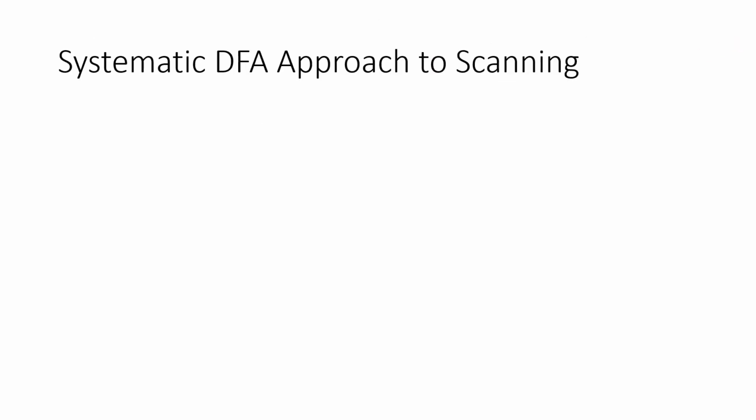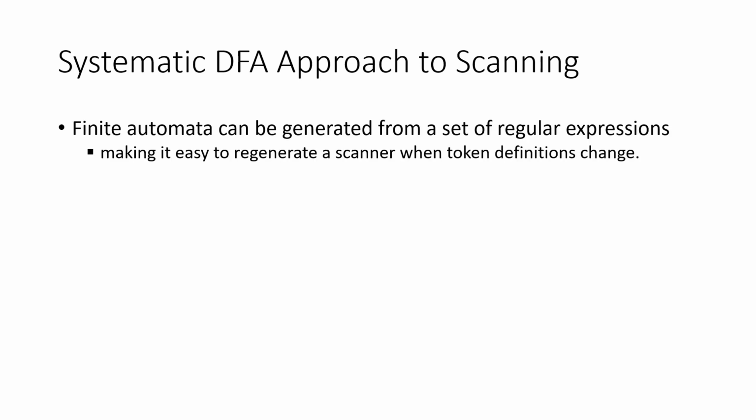While we can handwrite a DFA for the tokens of a specific language, finite automata can be generated automatically from a set of regular expressions, making it easy to regenerate a scanner when token definitions change.